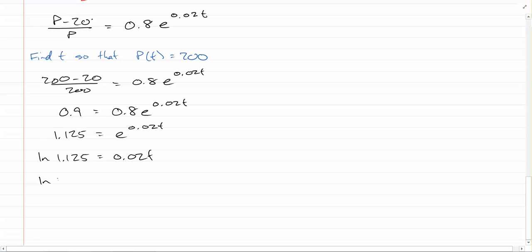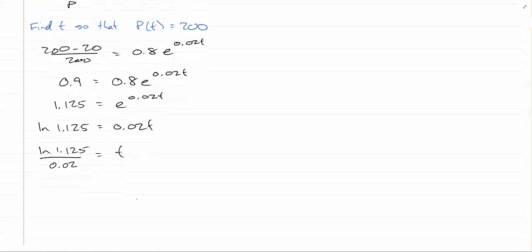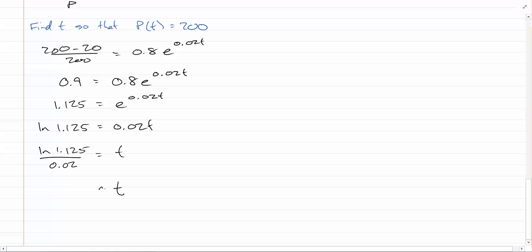I'd have to divide by 0.02 to get t by itself. So we'd have the natural log of 1.125 divided by 0.02. I get that to be about 5.9, which I'll just round to 6. And keep in mind, t was measured in months, so it's approximately 6 months.